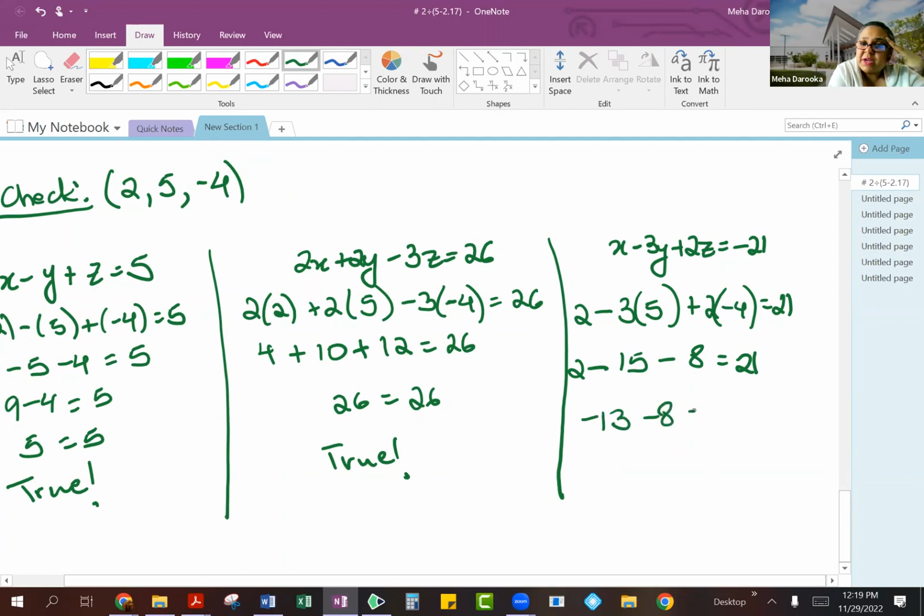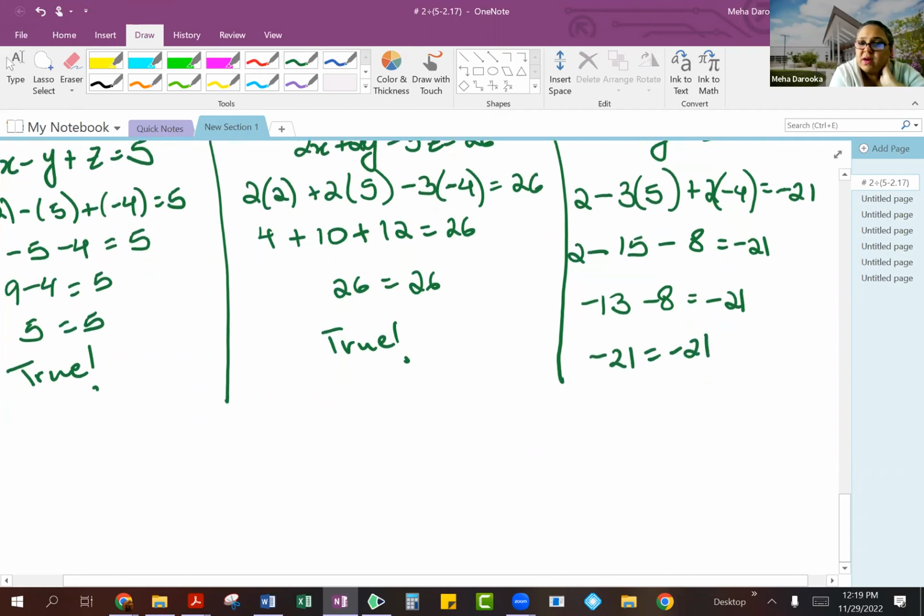From that, we are subtracting 8, which will end up giving us, oh sorry, that's negative 21, and I didn't put the negative there. Negative 21. There we go. And that makes sense because negative 13 and negative 8 ends up giving us negative 21 also, and you are getting a true statement for the third one.